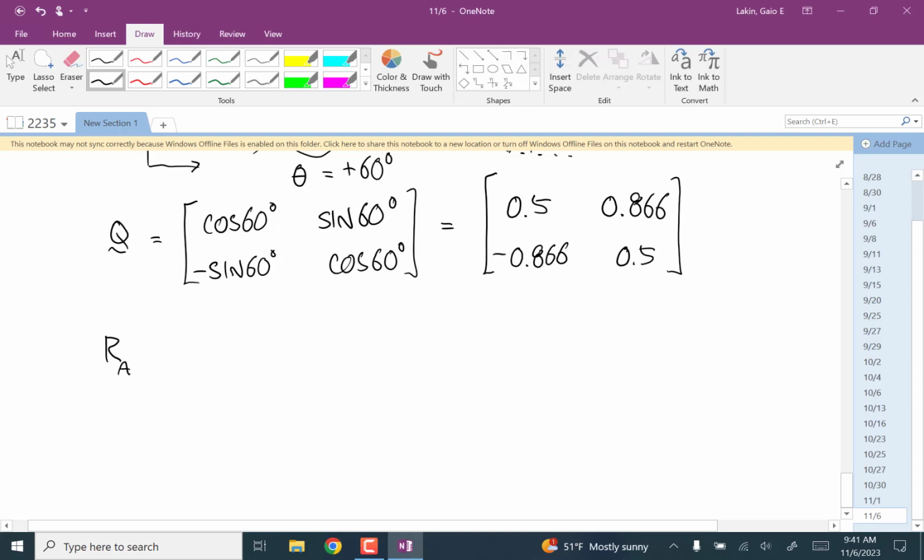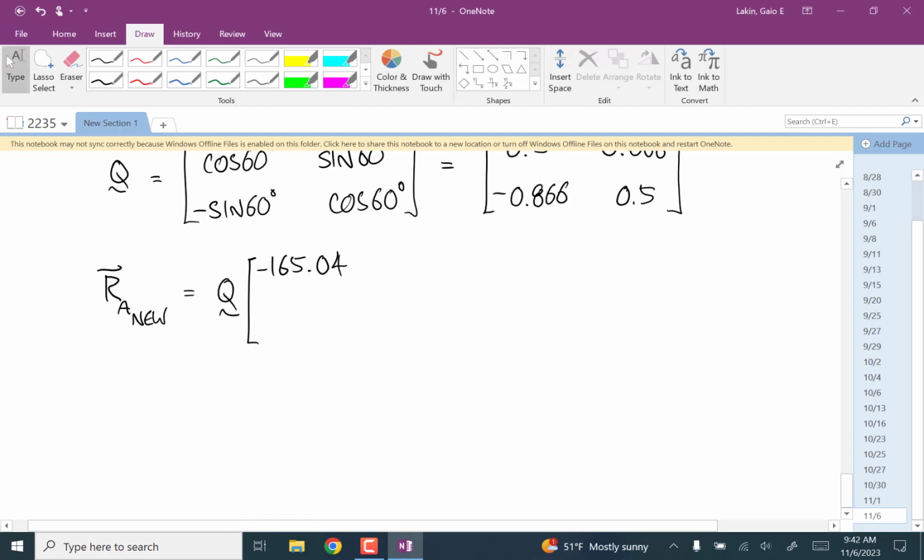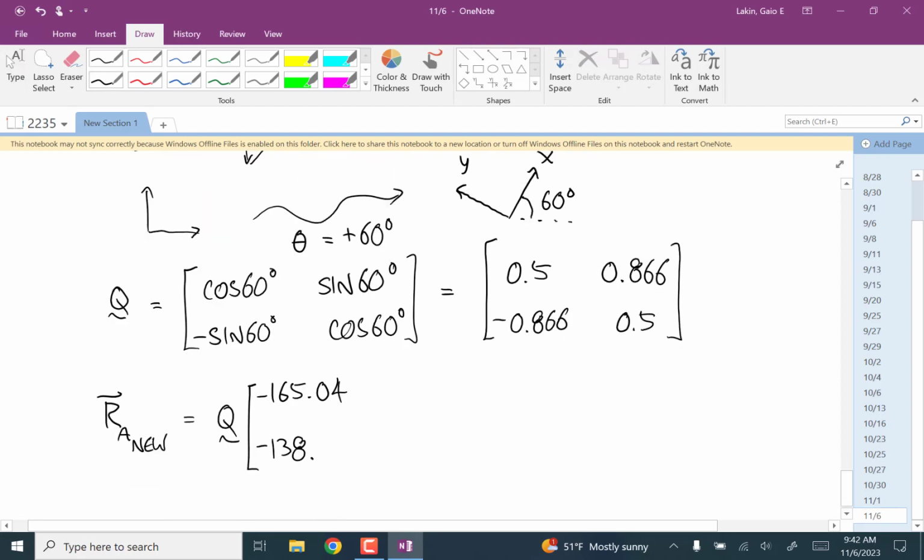So our RA new is going to be that Q matrix times the vector negative 165.04, negative 138.4.